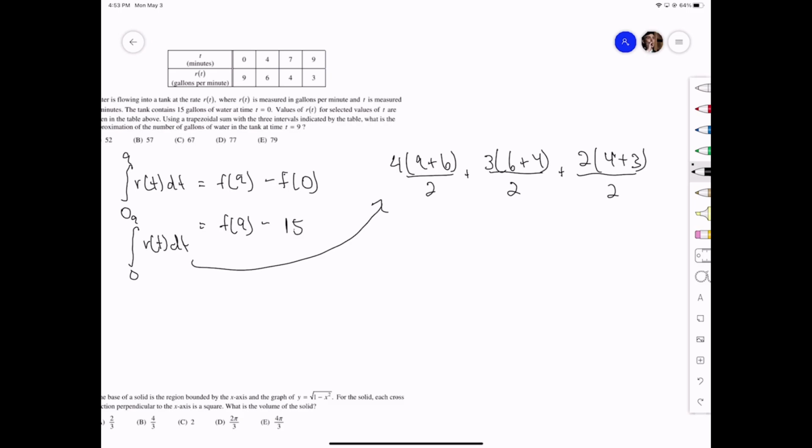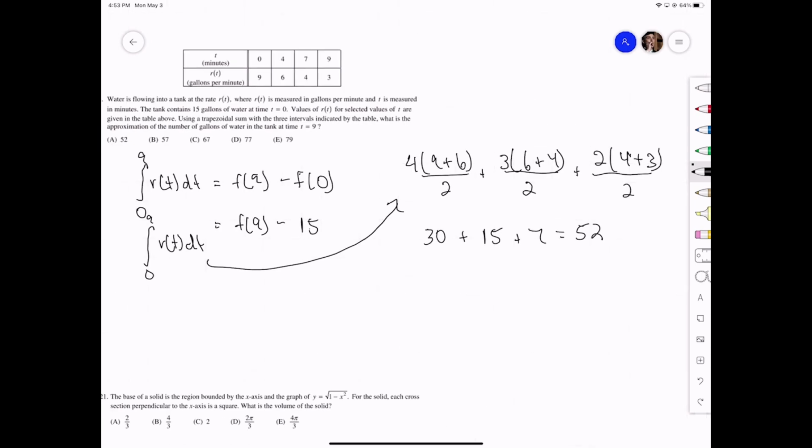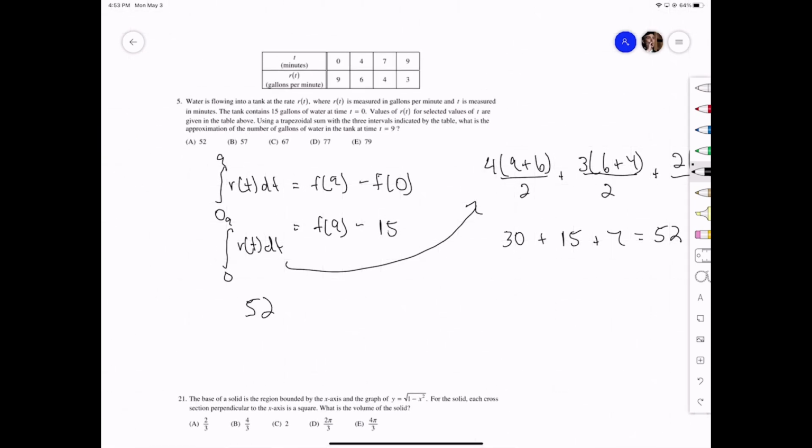So that is equal to 15 times 2, which is 30, 10 times 3 divided by 2, which is 15, 4 plus 3, which is 7. So 45 plus 7 is 52. So 52 is equal to f of 9 minus 15. So f of 9 is equal to 52 plus 15, which is 67.